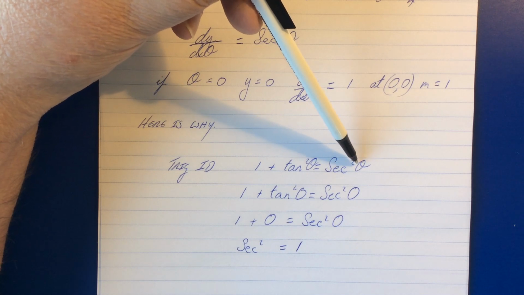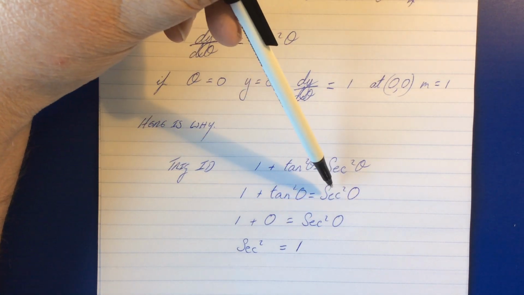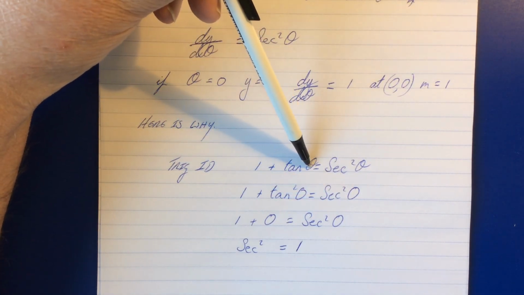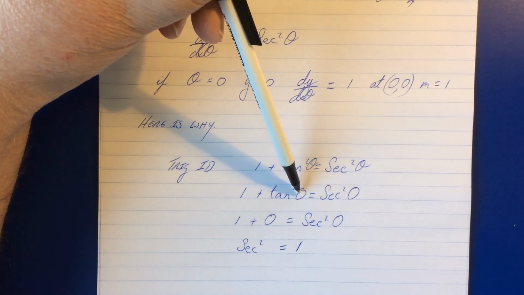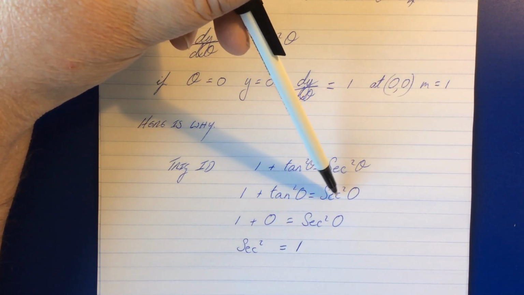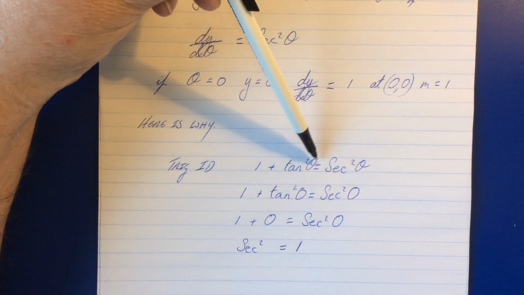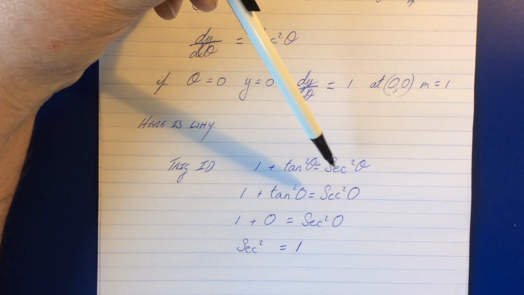So if we place a value in here, such as 0, we're going to get whatever this equals. Simple as that. 1 plus tan squared theta equals sec squared theta.